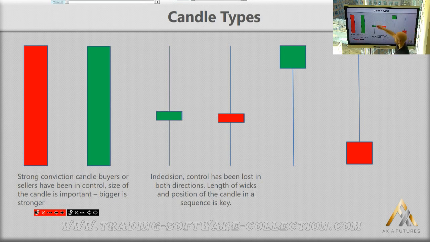They can't even manage at least a small green candle. They've just got total indecision. And so that can often call the top and bottom of a short-term move.